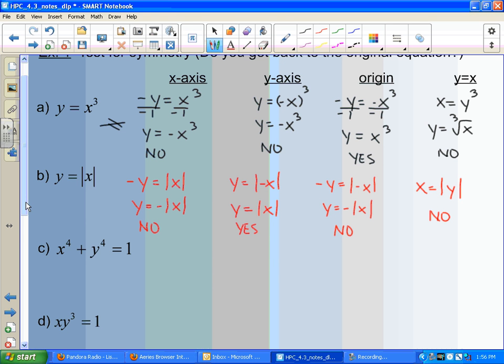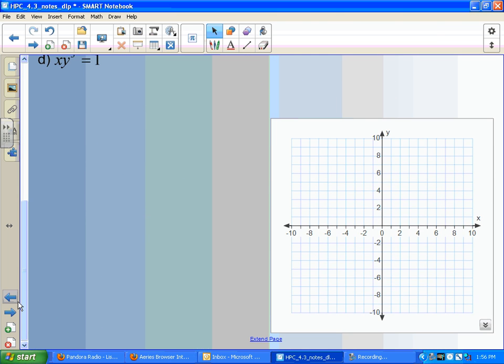Do we need to see what this looks like? Y equal absolute value of x? Anyone need to see that graph? Okay. So what does that one look like? It is a V. And it has the movements of -1, 1, 1, 1, and then -2, 2, 1. Okay. There's your symmetry. Why is there symmetry there?